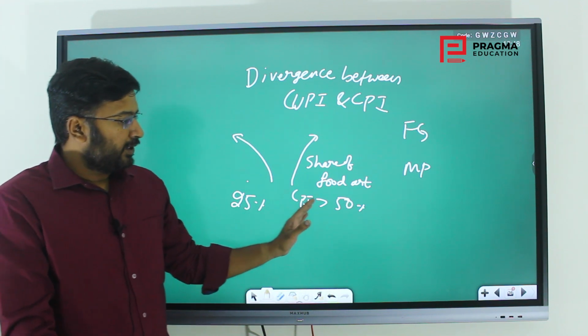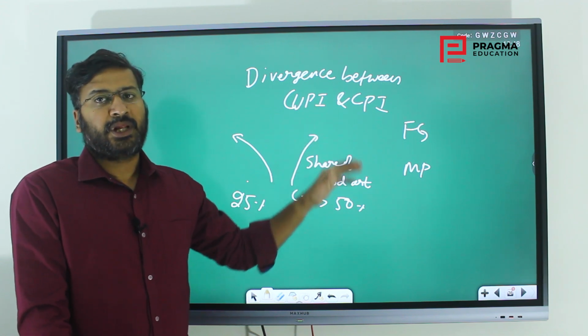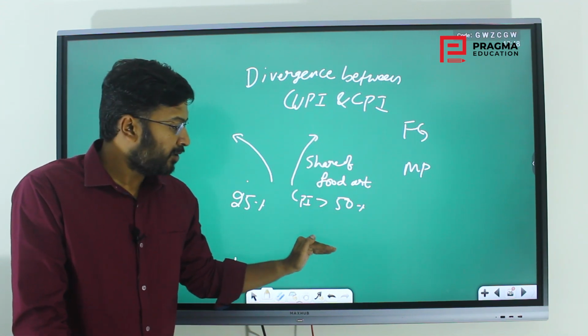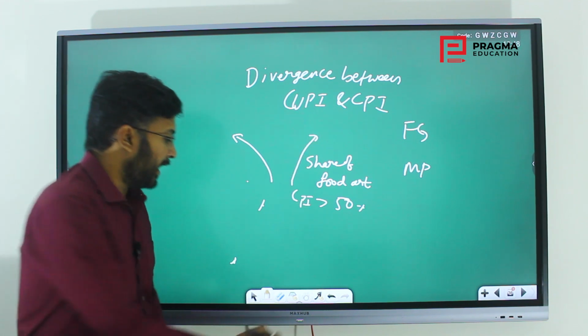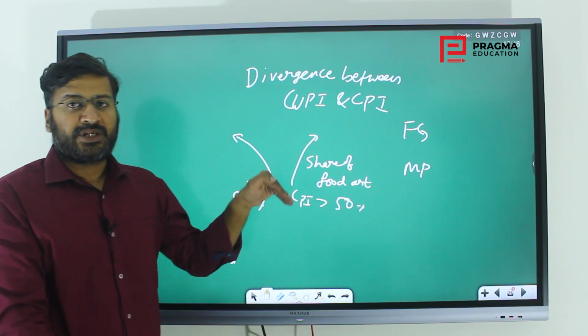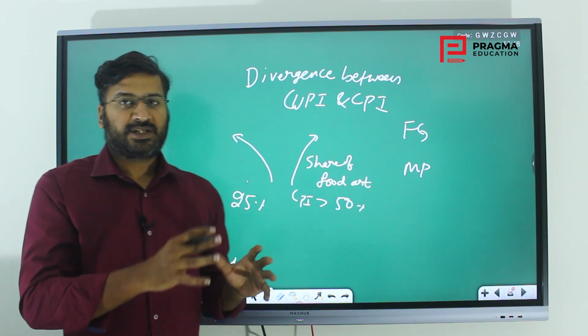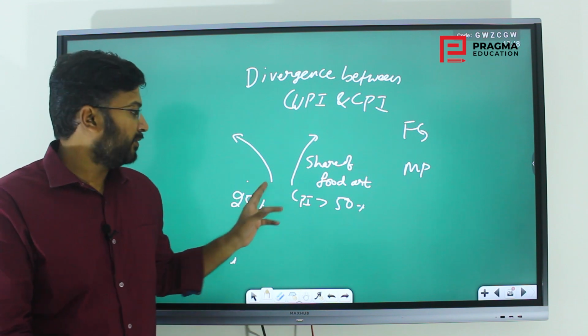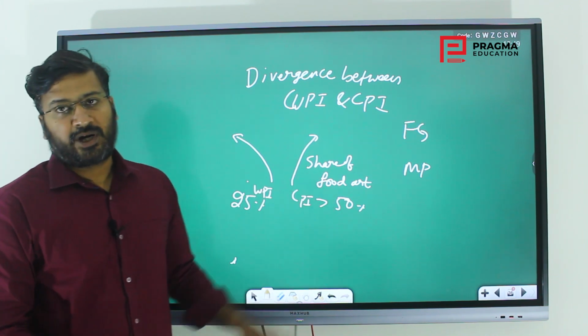So because of the weightage of food, CPI will have a higher number than WPI. WPI may be increasing at a slower pace, but CPI will gallop. It will probably jump because of this. So there will be a divergence in the rate of increase in the inflations between WPI and CPI because of the share of food articles.